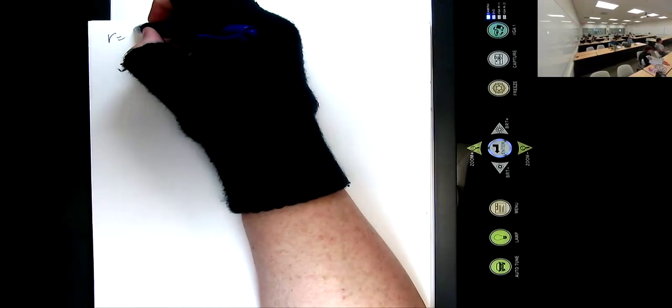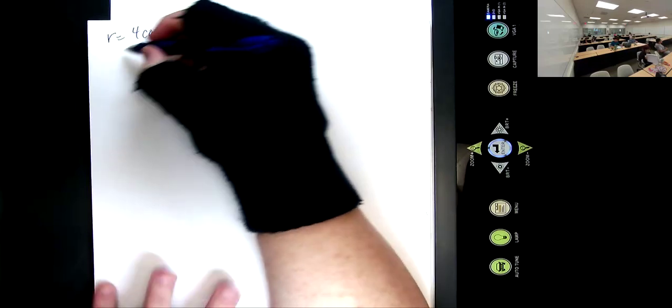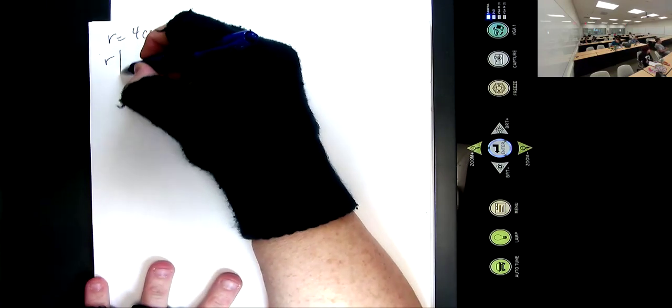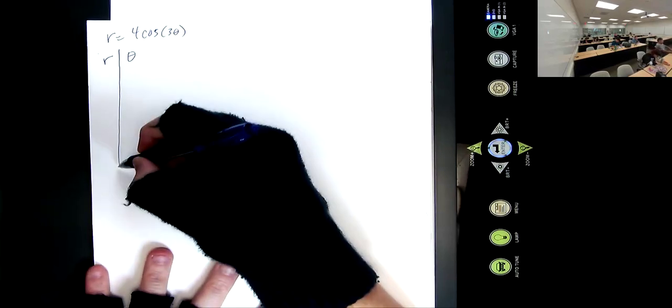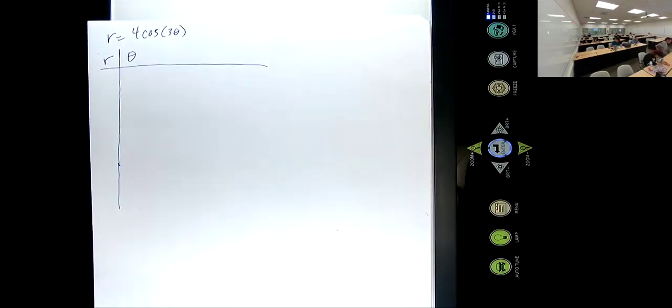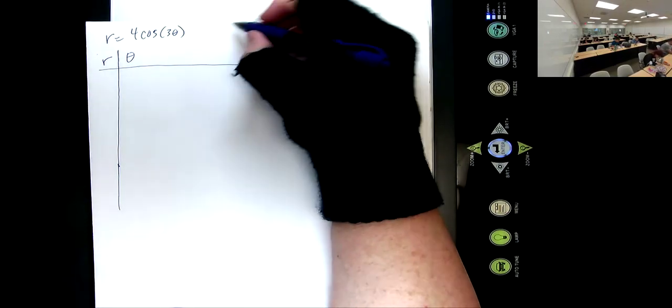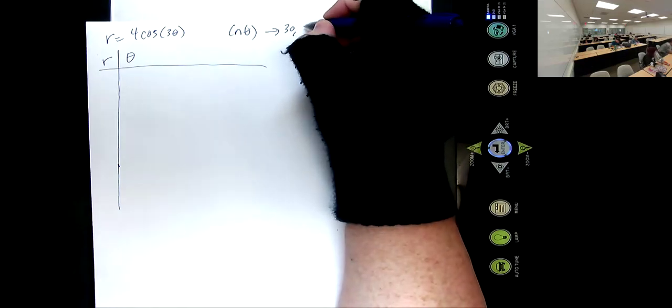So on this one, we're gonna graph r equals 4 cosine 3 theta. Here I'm gonna get smart, I'm gonna make a column for r first, then theta. And if this is like n theta inside, go through and do all the 30, 60, 90.